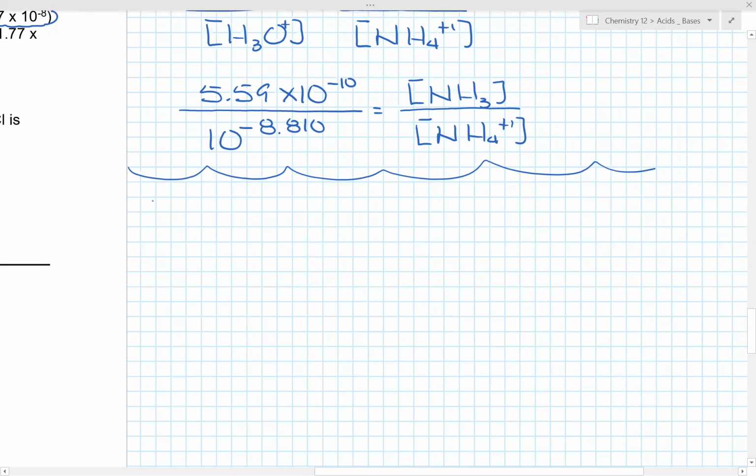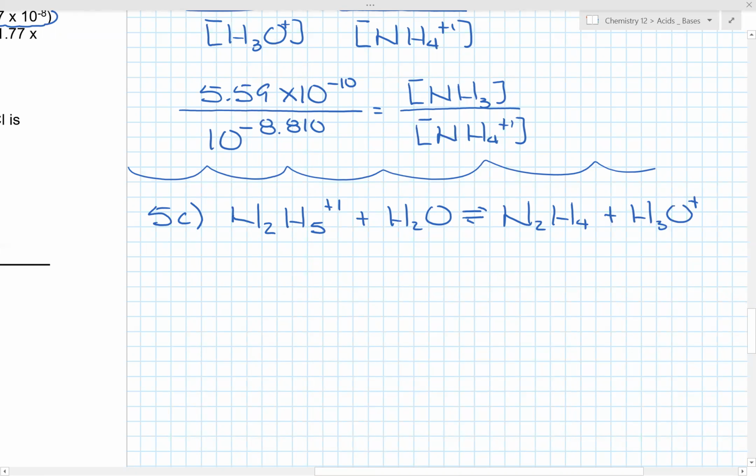So an easy way is you could write the equation N2H5 plus 1 plus H2O in equilibrium with N2H4 and H3O plus. Because they give you a Ka value, the equation produces H3O plus. In this case, the ion from the salt, the N2H5, is in the reactants, while the other substance, the conjugate base, is in the products.